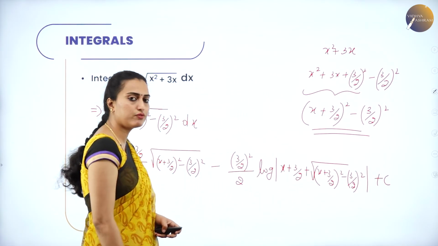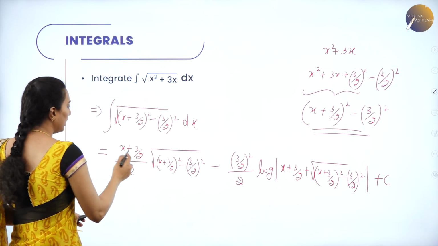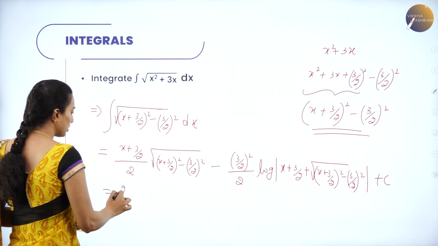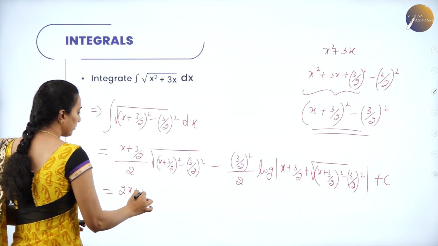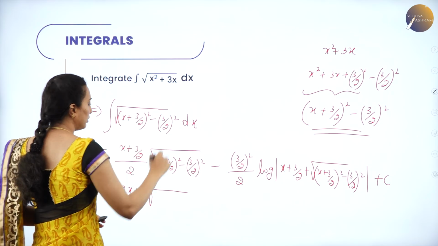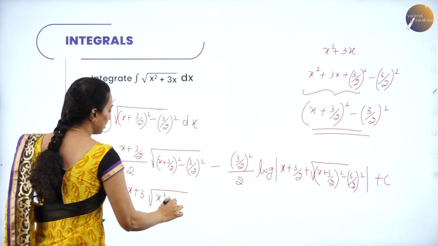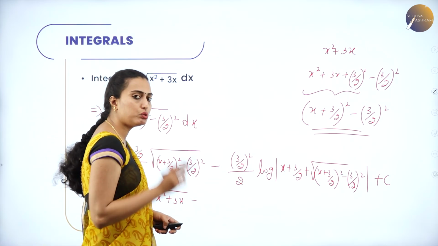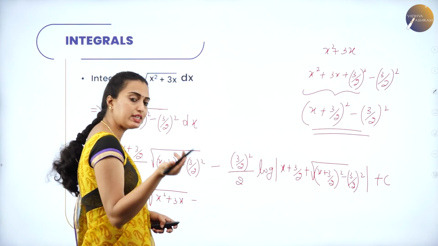Further simplification gives you what? Now here, taking LCM as 2, 2x plus 3, the 2 will get cancelled. Remaining is only 2x plus 3 into under the root of, this will go back to the same step, which is x squared plus 3x, minus, again here 2 squared will come to the denominator. 2 squared is nothing but 4, 4 into 2 is 8.